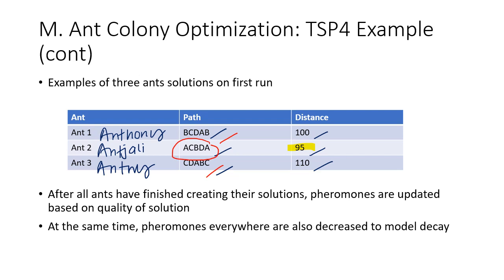The pheromones are updated based on the quality of the solution. The pheromones, meanwhile, will also be decreased everywhere, and this is done to model decay that also happens in nature.